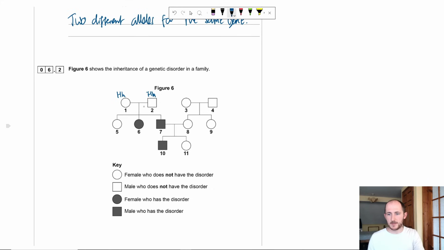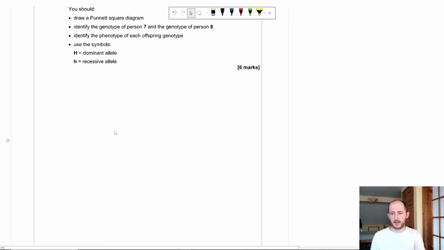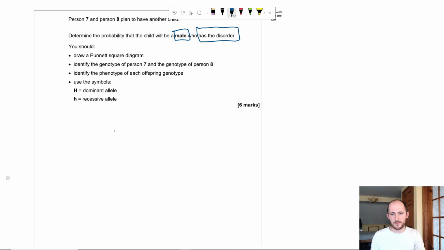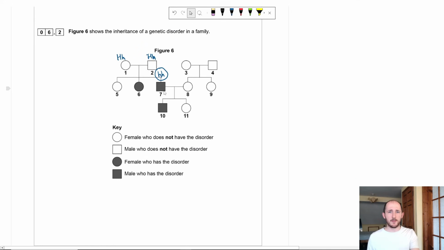So that means both of these people must have the recessive allele, okay? So I would write this out just to make it super clear. So person 7 is 2 lowercase h's because they display the recessive trait, okay? So hopefully that makes sense. First, you determine if it's a recessive trait or not.